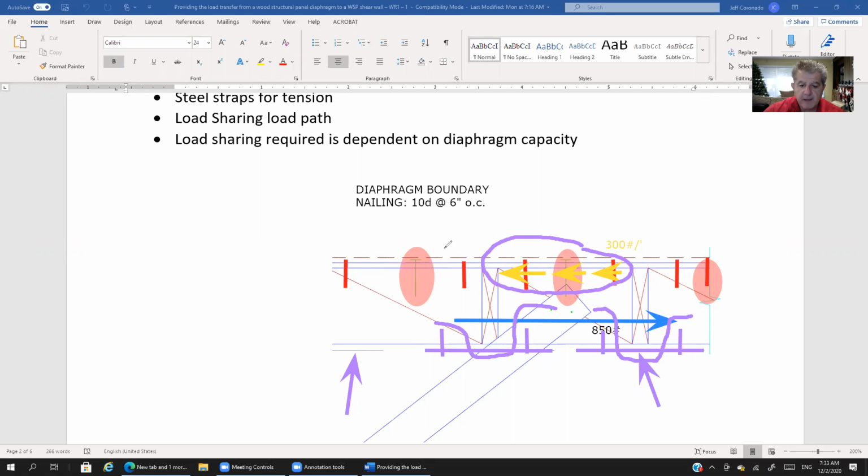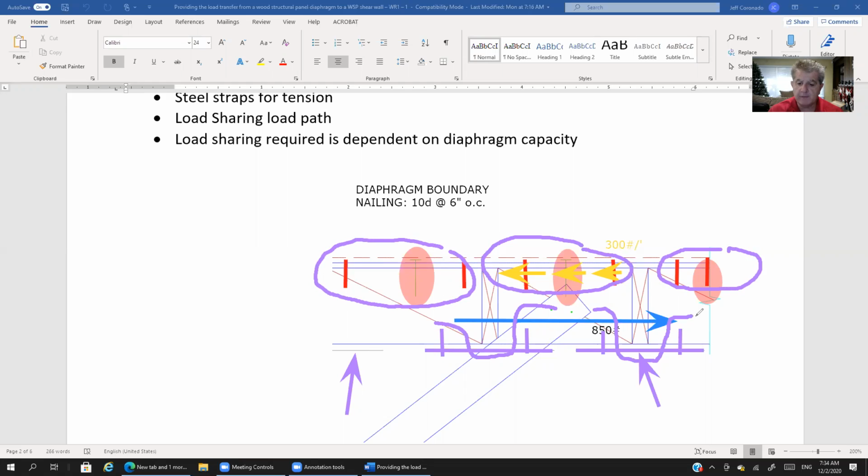And now with that, then we can activate the nails that connect the next blocks over. And we can activate these nails. And you can do that over multiple blocks across multiple rafters. It just depends on your load, right?